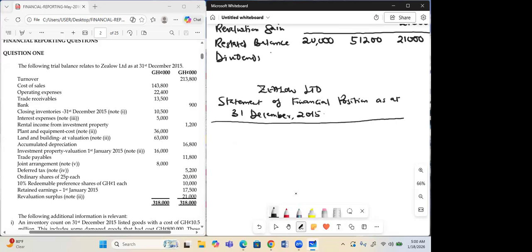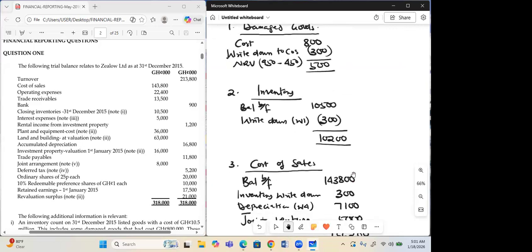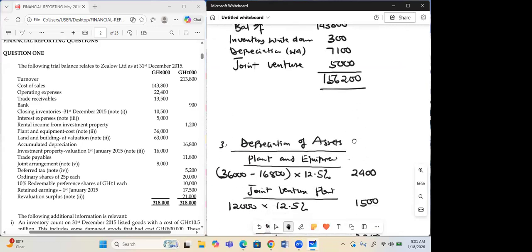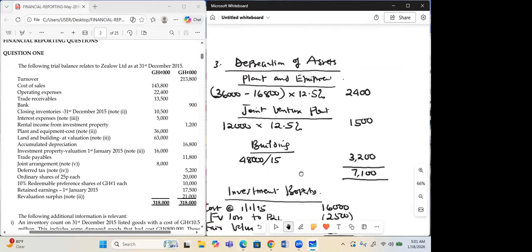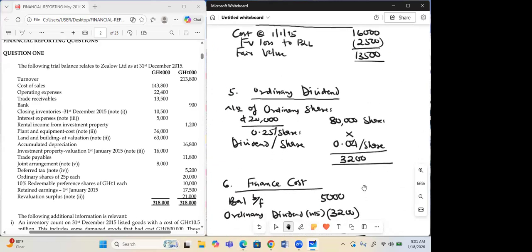The dividends, we worked it in a working number. Check on the top, our working numbers. We've not worked on the dividend here. The ordinary dividend, we calculated it as working 5 and took it out. 3,200. Can you see?